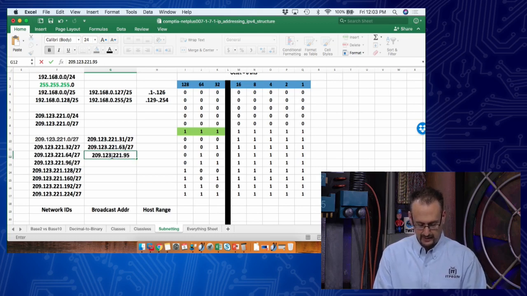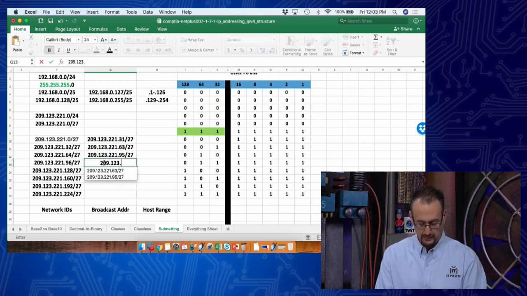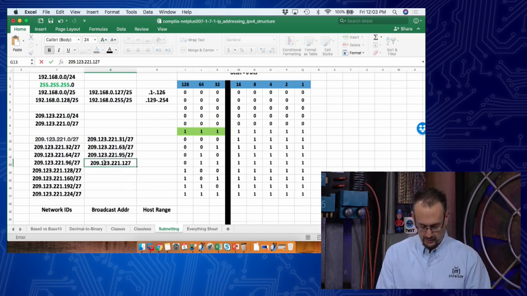All right, you'll see 209.123.221.95 for the next one, and again, if you wanted to add this up, you would see that that comes out to 95. All right, so that is the broadcast address for that network. And again, next one's going to be 209.123.221.127, and again, /27 as well.